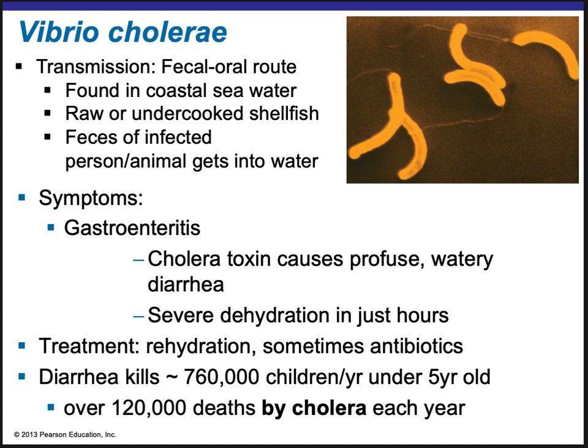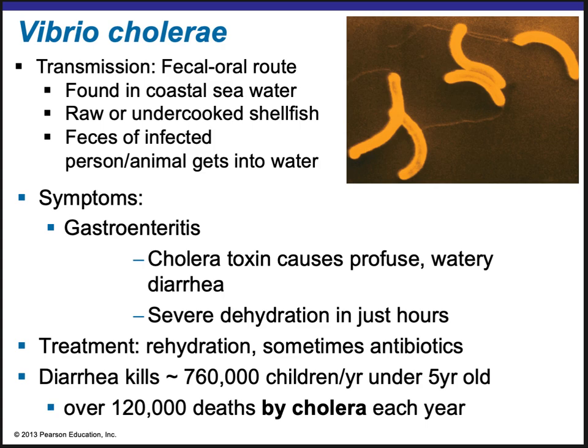Diarrhea itself kills over 760,000 children under the age of 5 each year. That's not even including older children. This number of 760,000 is only children 5 and under. The number would be even greater if we extend that age out.